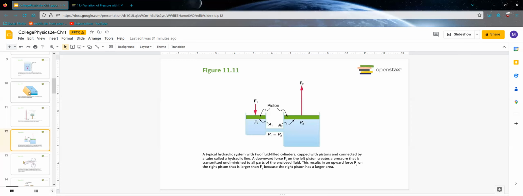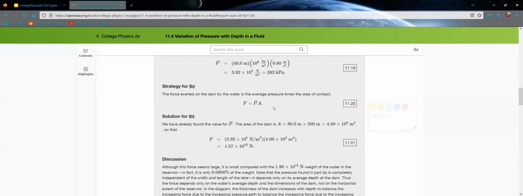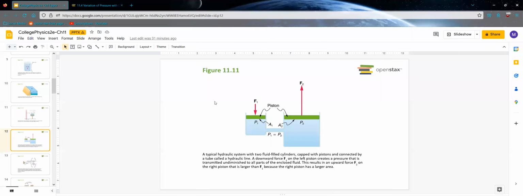Since pressure is equal between both sides, and we know from the previous example we just talked about, force equals pressure times area. If you have a small area and a small force, but the pressures are the same, you're going to result in a large force and if you increase the area on the other side, the force is going to increase a lot to compensate for that.